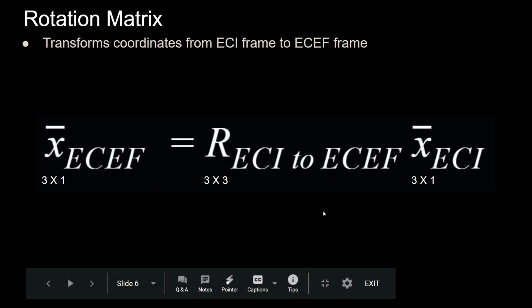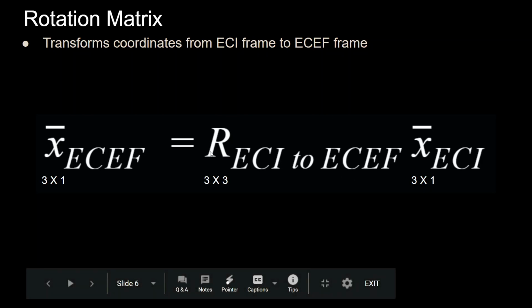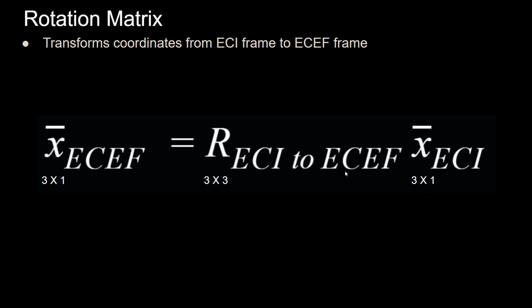Step 2 of how to transform your ECI position vectors into lat-long is to rotate them into the Earth-centered Earth-fixed frame. I'm going to go a little deeper into this in the next video. But basically, what you get from the spice.pxform function is this R ECI to ECEF rotation matrix. I'm not going to go deep into rotation matrices.